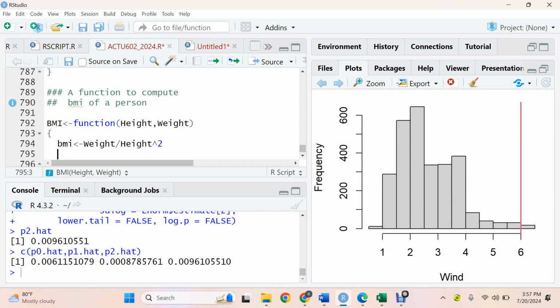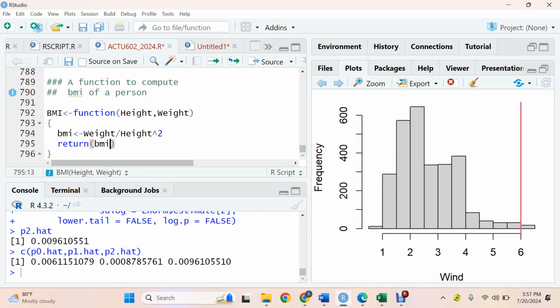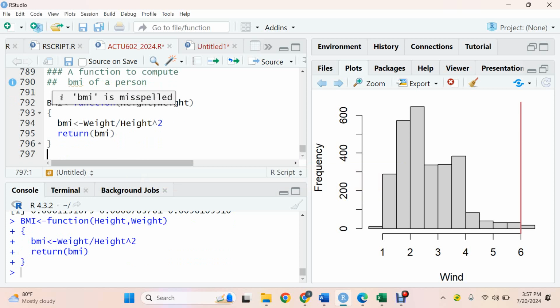Now, I can return BMI. So this is a simple function which I have run now.